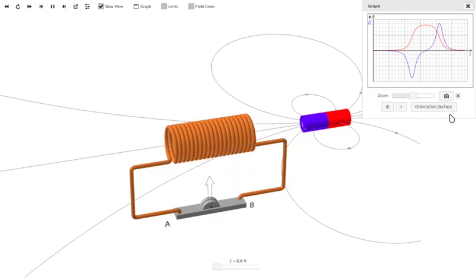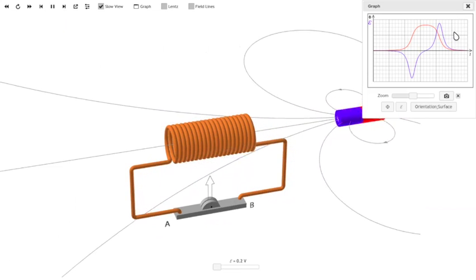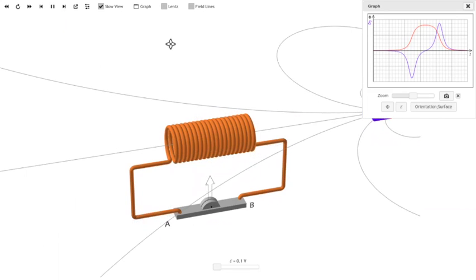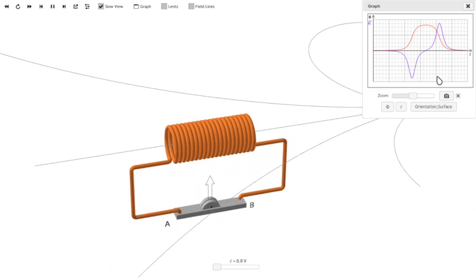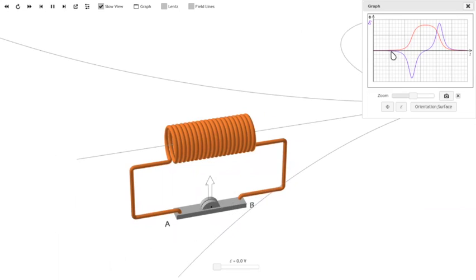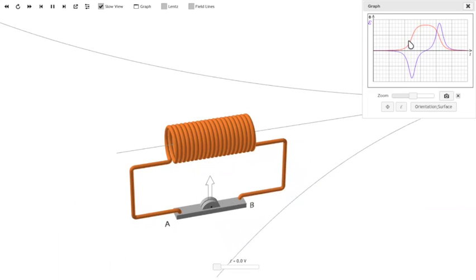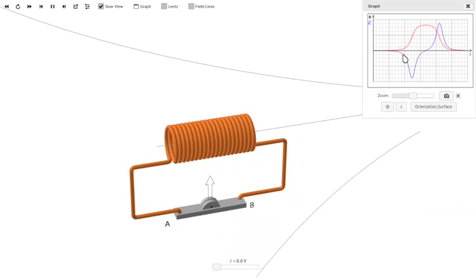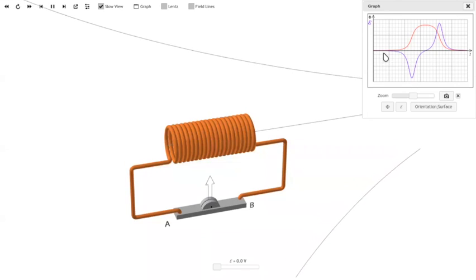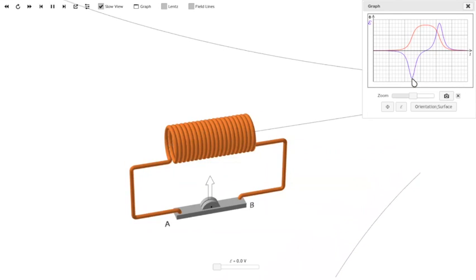Now you can see the graph. The voltage that is produced is not always constant, isn't it? Yes, sir. You can see this blue line, right? Yes, sir. Increasing and increasing to the maximum. Once again it decreases to 0, and once again increases. So negative and positive, both are observed, right?